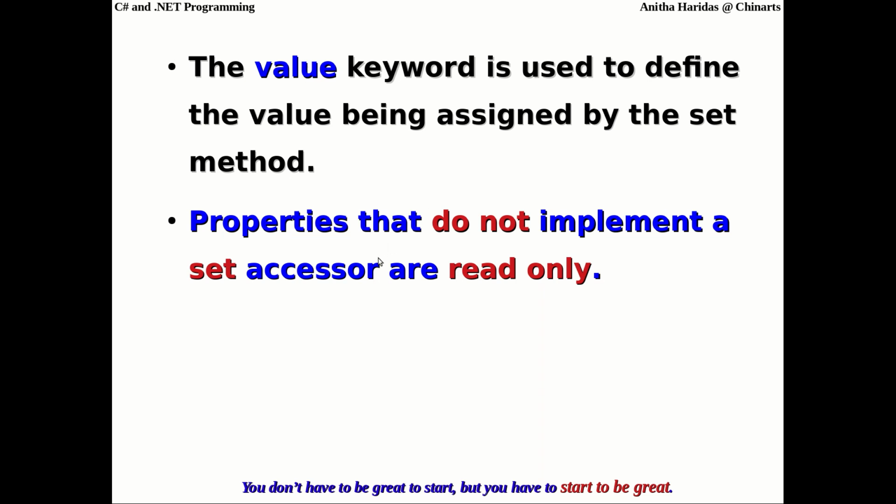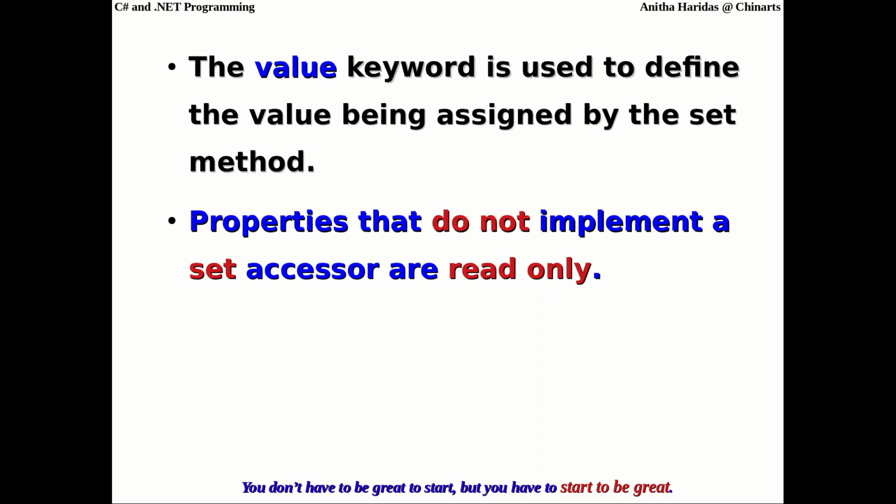And properties that do not implement a set accessor can be called read-only properties. We have seen it in our shortcut syntax. Shortcut syntax is used only for retrieving the value. As you retrieve, name is equal to first name plus last name. We retrieve the value, so it is read only. But we don't write a new value for the variable called name.